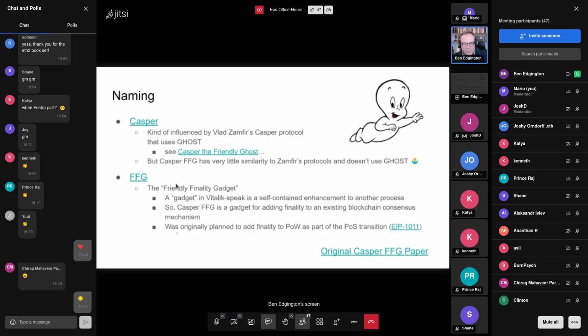It was originally planned for adding finality to proof of work as part of the proof of stake transition. That's EIP 1011, which Danny Ryan was heavily involved in.